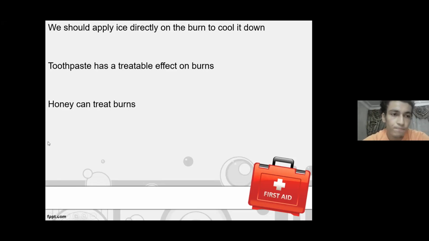False. Okay, as you said, it's really false. Yes, it can make another burn. First, you must clean with water. Actually, we won't use ice at any time, even if we cleaned the burn with water, because the ice can cause something called frostbite.